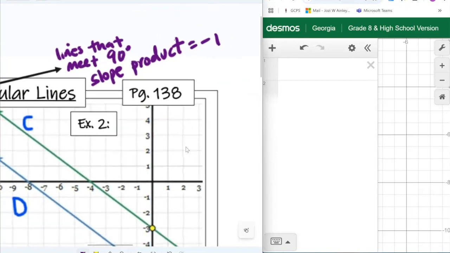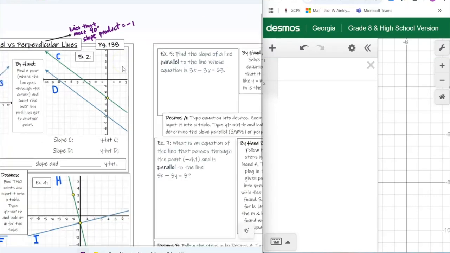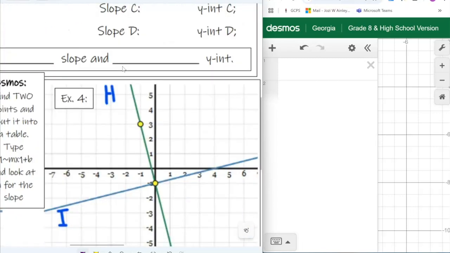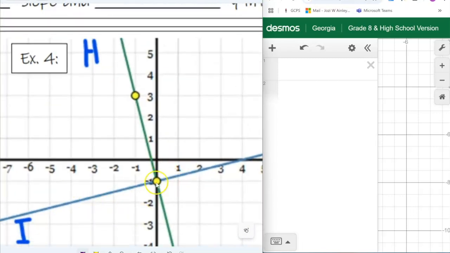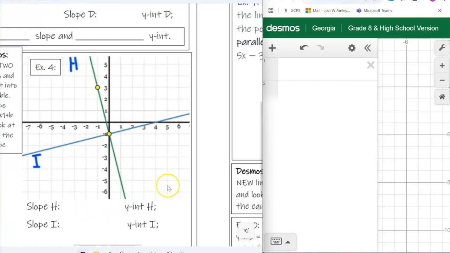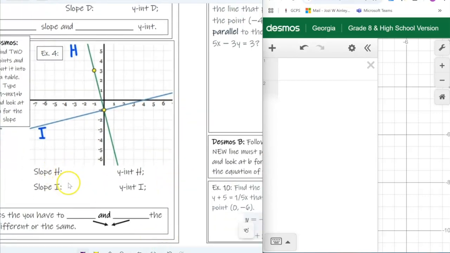So when you multiply the two slopes together and you get -1, you know that they meet at 90 degrees. To double check when you do this question, multiply the two slopes that you get right here. And if you get -1, then it's perpendicular.